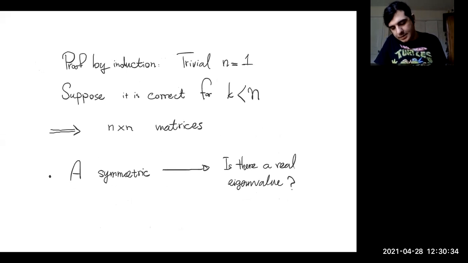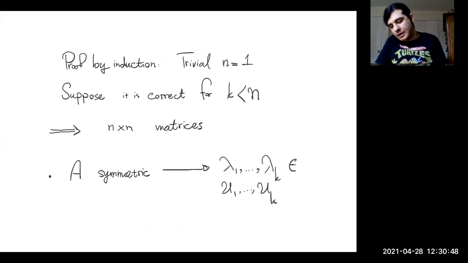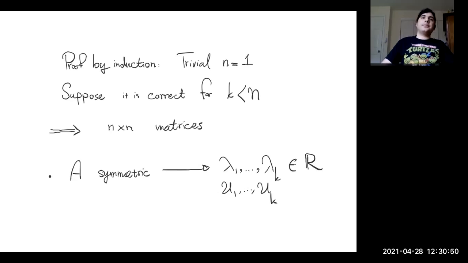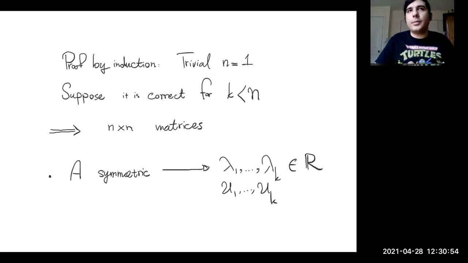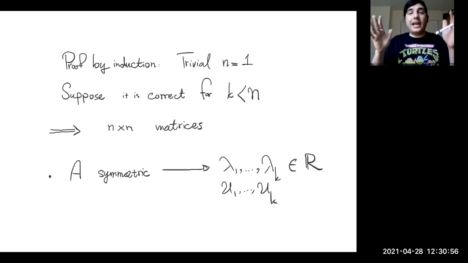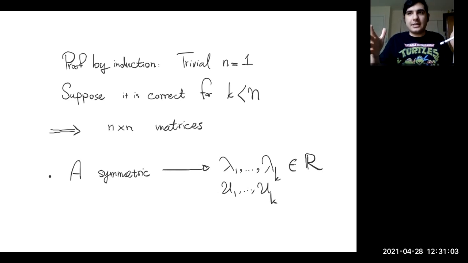So let's show these distinct eigenvalues with lambda 1 up to, say, lambda k, and they are eigenvalues of some vectors u1 up to uk, and we know all of them are real, right? Did you prove the existence of an eigenvalue? So yeah, the point is that any matrix has some eigenvalue, but it might be over C. Why is that?